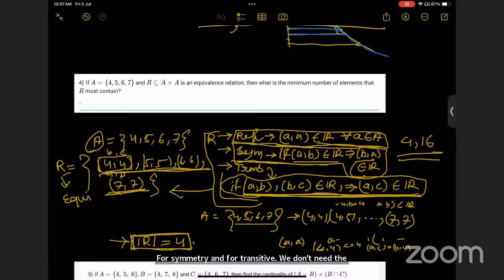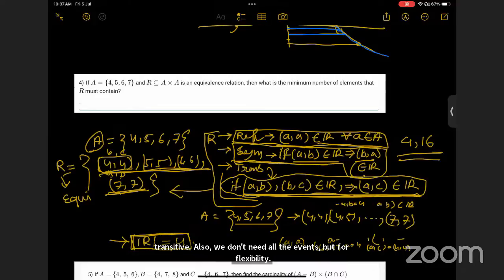Here, if there is (a,b), then it implies that (b,a) will be in the set. For transitive also, we don't need all the elements. But for reflexivity, we need all the elements. Okay? Clear, ma'am.